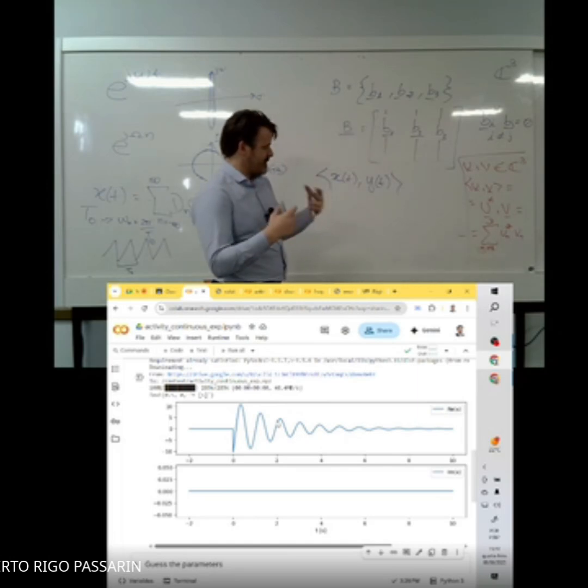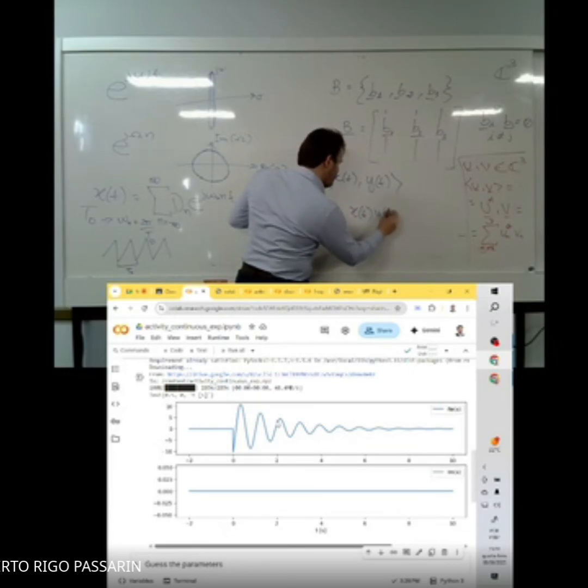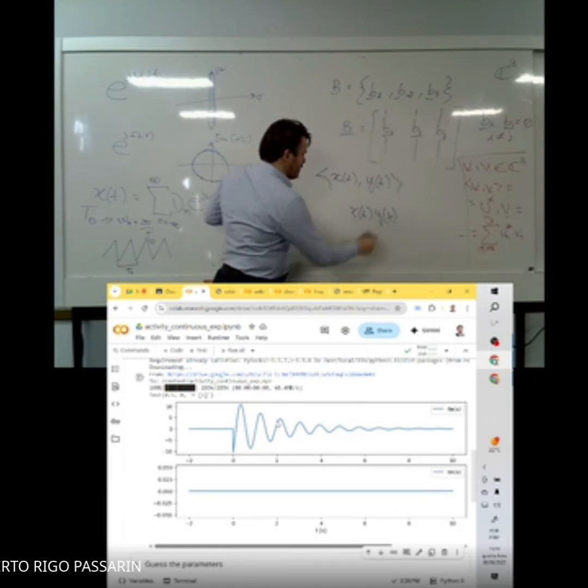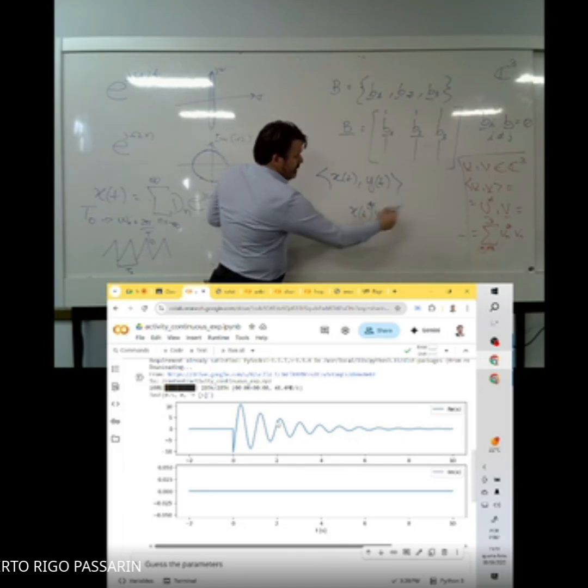What is a sum element-wise when I'm in a continuous space? An integration. So I have to multiply them, x of t, y of t. It's the Hermitian, the complex conjugate of one of them if they're complex. Sum of the product, so integral of the product, dt.